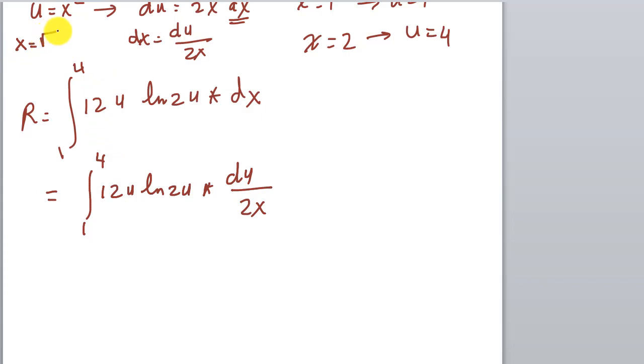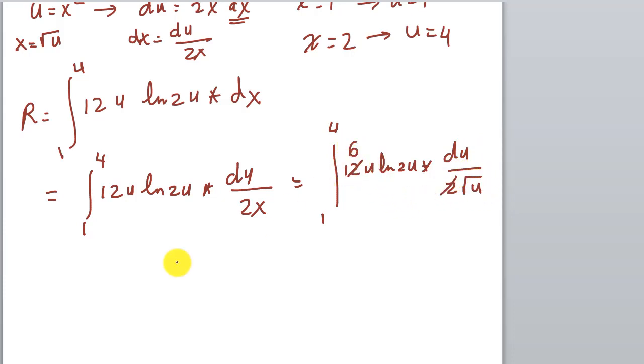x is equal to square root of u. So it's equal to, from 1 to 4, 12u ln 2u multiplied by du divided by 2 square root of u. This one will go with this one, 6.